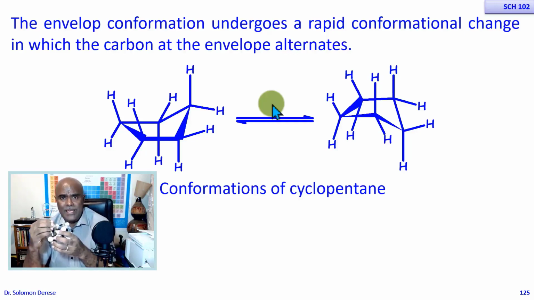Is it the one that has got this CH3, the bulky substituent, or is it the ones that have the hydrogen? In order to do this, we need to determine the energies of the various conformations and determine the factors that make one particular conformer unstable compared to the other.